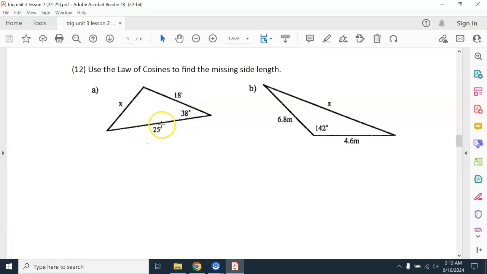This is a side angle side situation. Same with this one. So with the law of cosines, we're either using the pattern of side angle side to look for a side, or side side side to look for one of the missing angles. So please set both problems up, and then complete them. Turn the video back on when you are ready to continue.